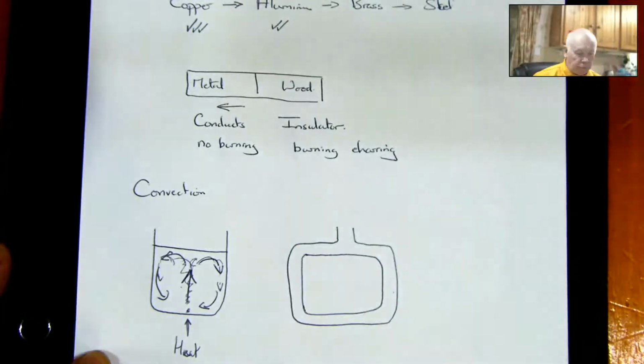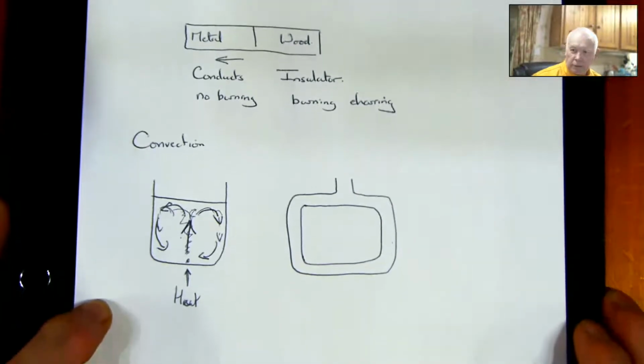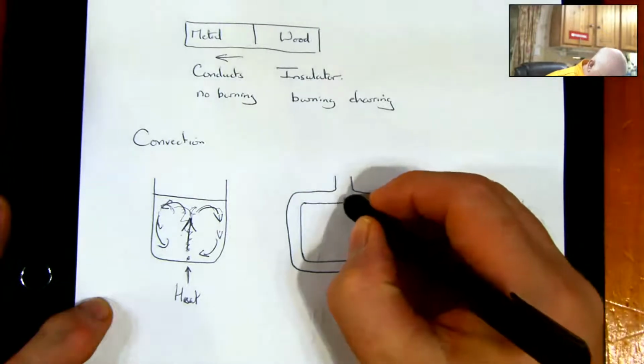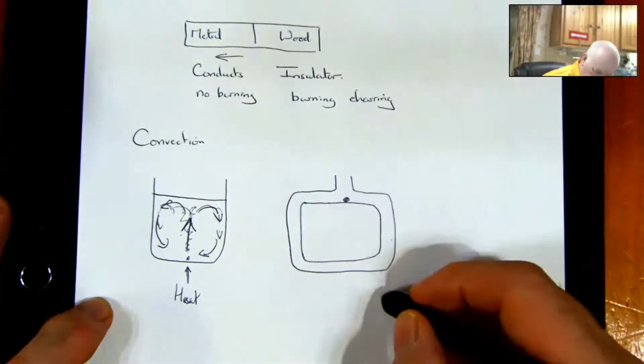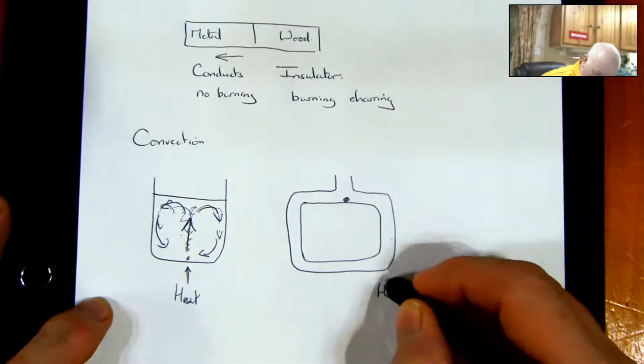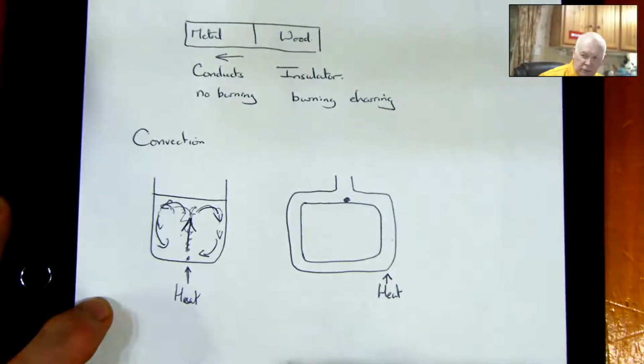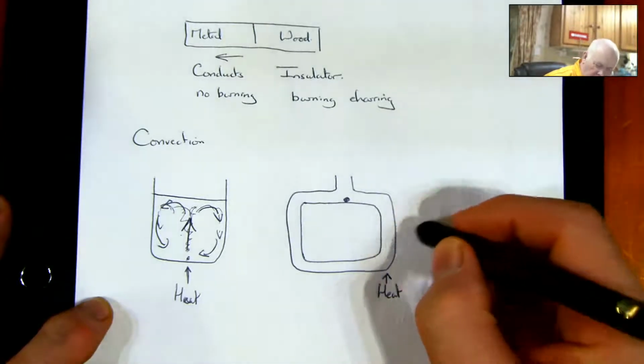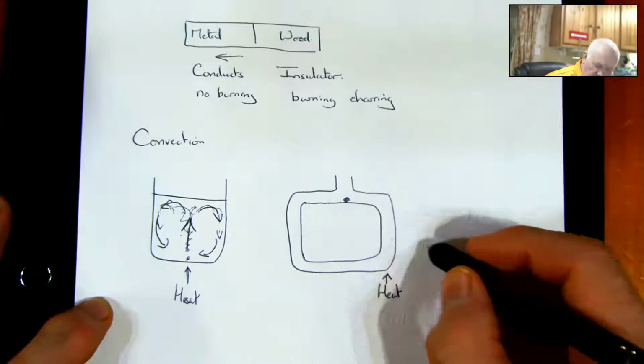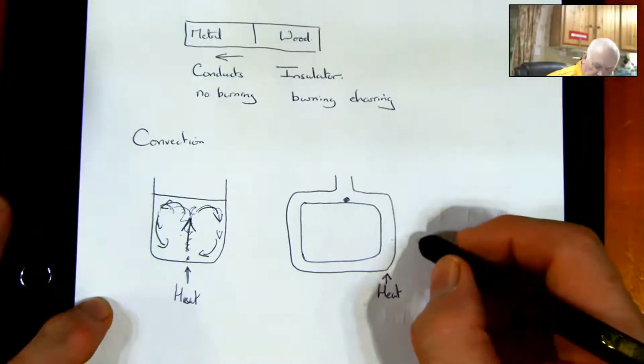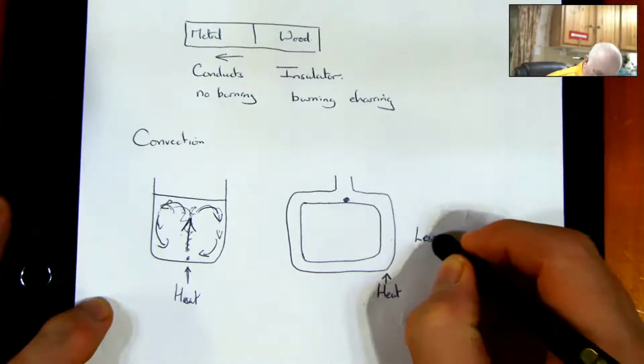This is why it's better to do experiments than watch my drawings, because my drawings are particularly awful. We placed a crystal here, heated at this point, and the molecules here become less dense.